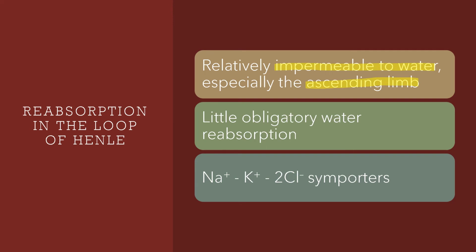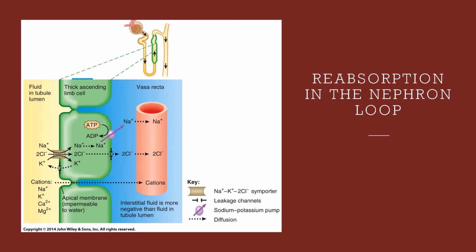Now, the apical membrane of cells in the thick ascending limb of the nephron loop have sodium, potassium, chloride symporters. So here we can see this apical membrane. Again, it's going to be really impermeable to water in that thick ascending limb of the loop of Henle.